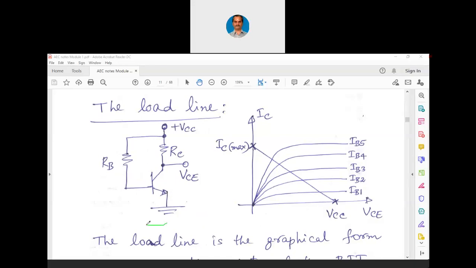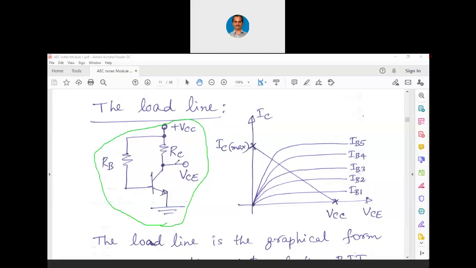This is called base bias or fixed bias. And we connect a capacitor here and we connect one more capacitor here. This capacitor we call CB, blocking capacitor. And here we connect one more capacitor, we call it coupling capacitor. Otherwise, this RB and RC are utilized for biasing the transistor.